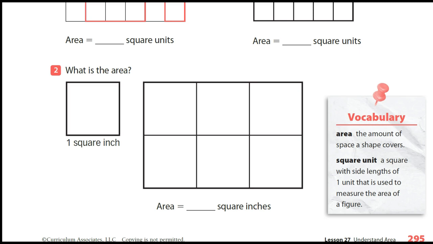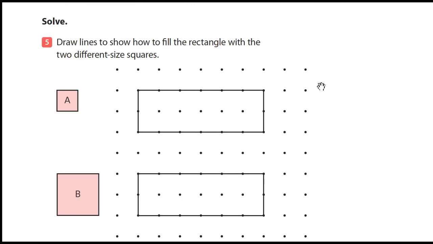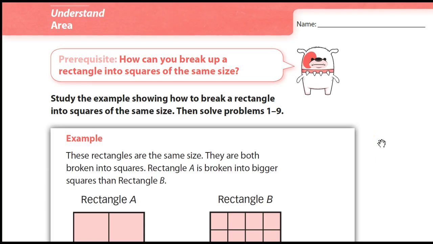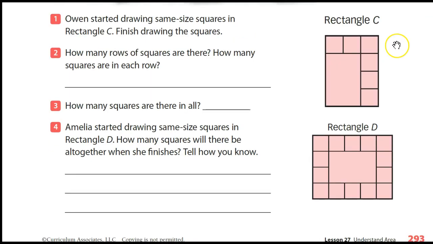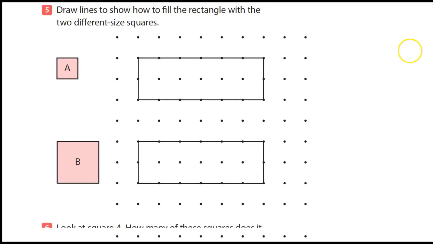So if it says what is the area? If each square is 1 square unit, what's the area of this big one right here? Oops. Sorry, hold on. What page are you on? It's 295.